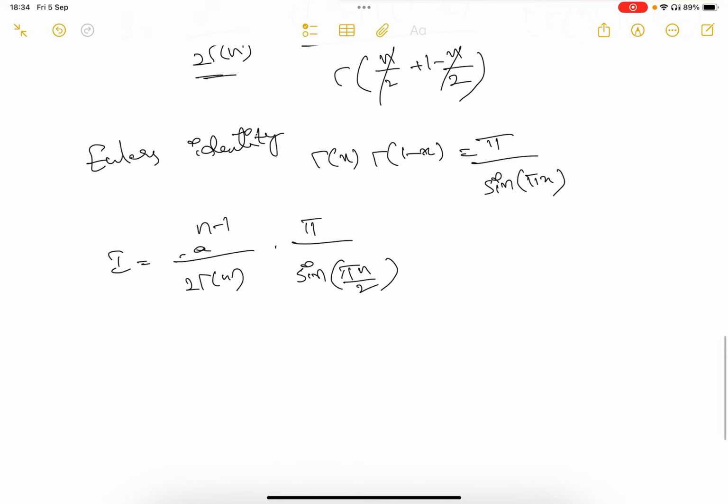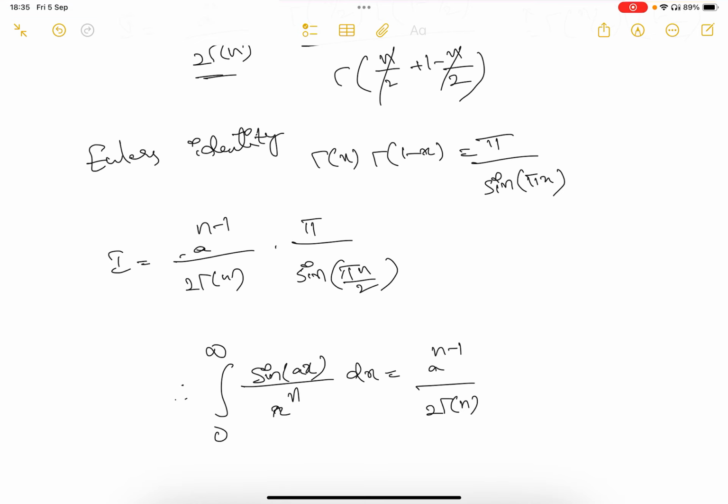Fine. Then totally our integral 0 to infinity sin(ax) by x power n dx is a power n minus 1 by 2 into gamma of n into pi by sin of n pi by 2. Fine. This is the result.